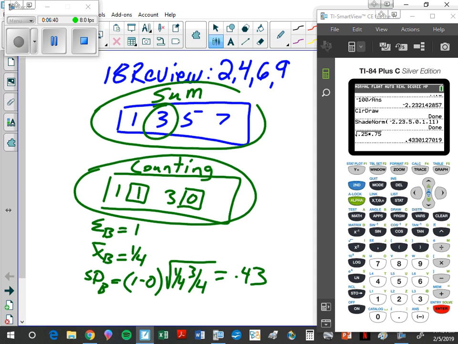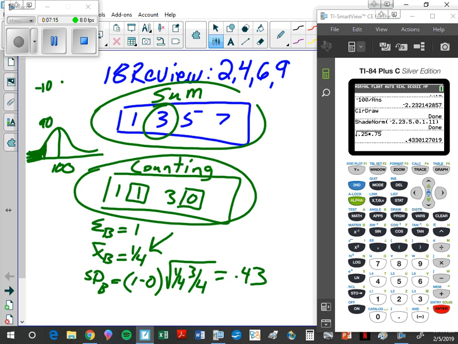Okay, so we're going to do 400 draws. If we do 400 draws, how many 3s do I expect? I expect 100. And I could times this by 400 and get that number. But in this case, it just makes sense to reason through that. And I want to know fewer than 93s. So I want to shade from -5 to whatever the z-score is that represents a value of -10.